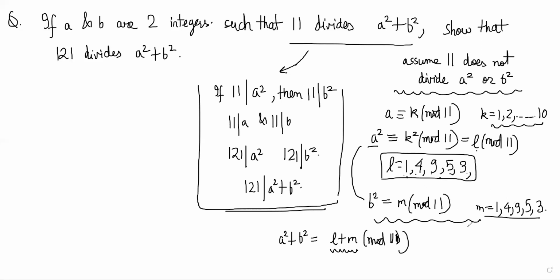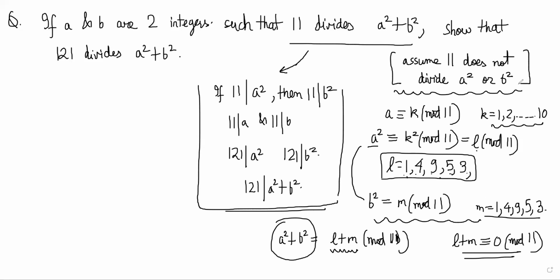There is nothing coming 0 mod 11. 3 plus 3, 3 plus 5, 3 plus 9, nothing is coming. So it's impossible. L plus M is never coming 0 mod 11. So that means A square plus B square can never be divisible by 11 in this case.